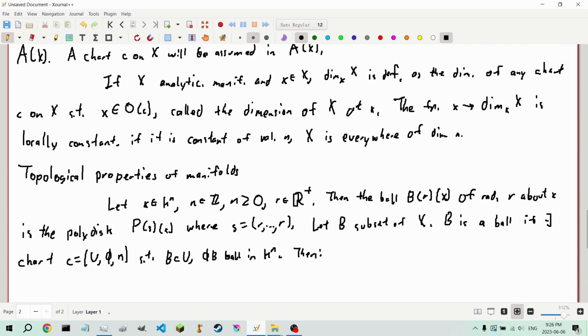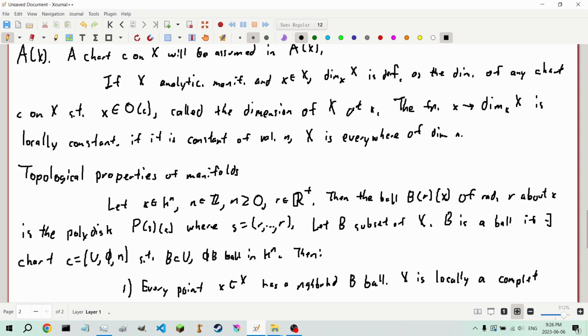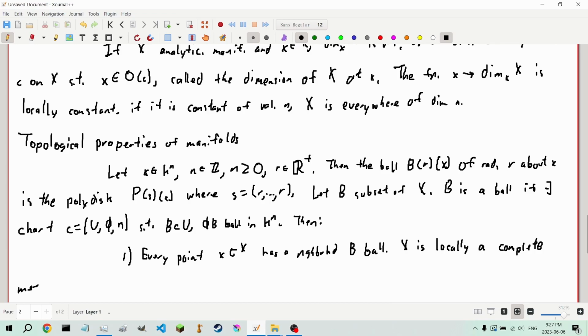Then, first off, every point x in X has a neighborhood B, which is a ball, giving X as a locally complete metric space. Hence it is a Baire space.